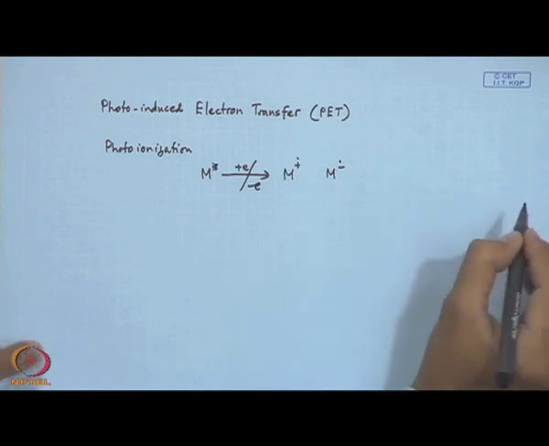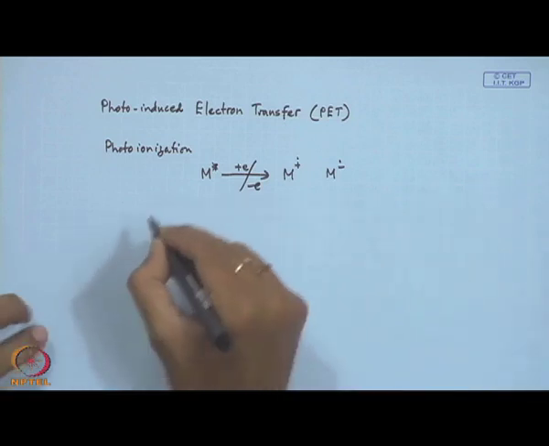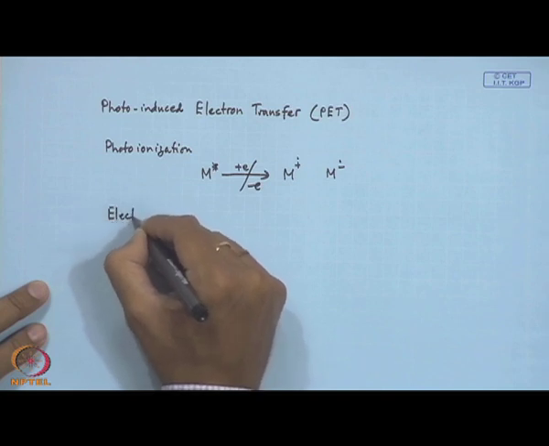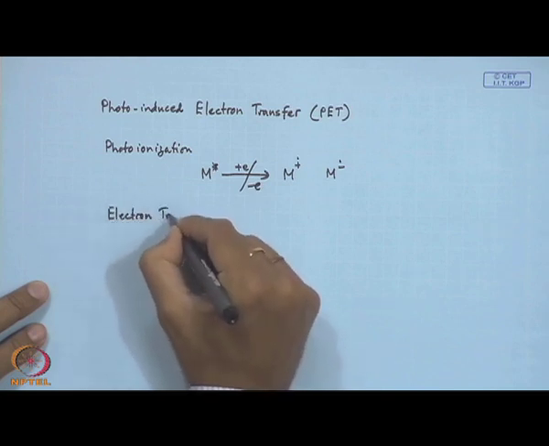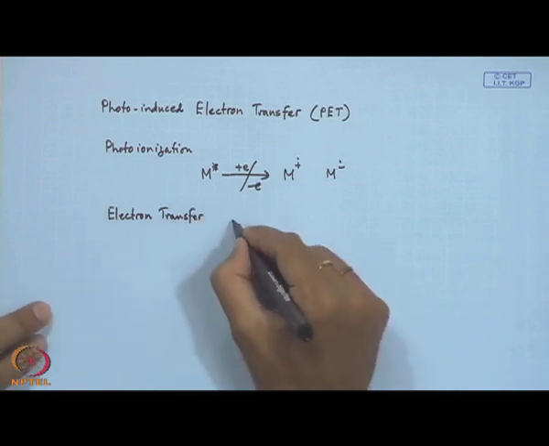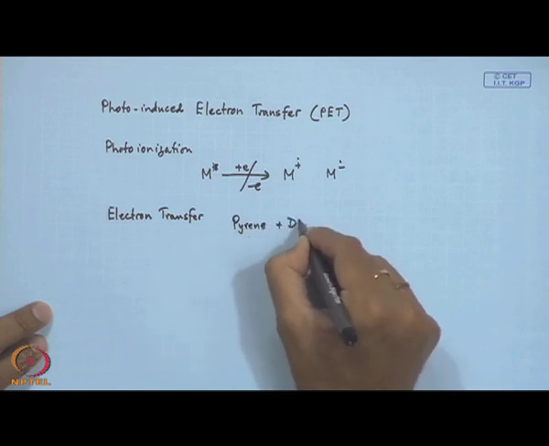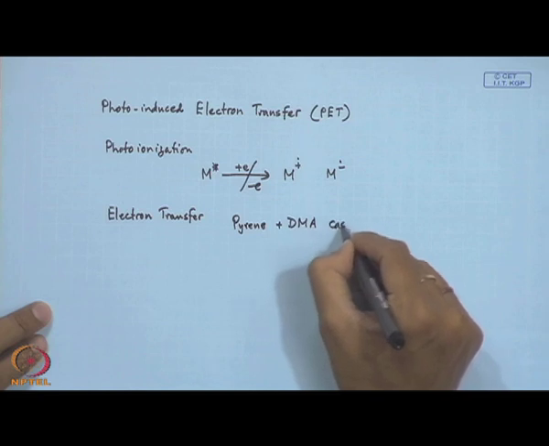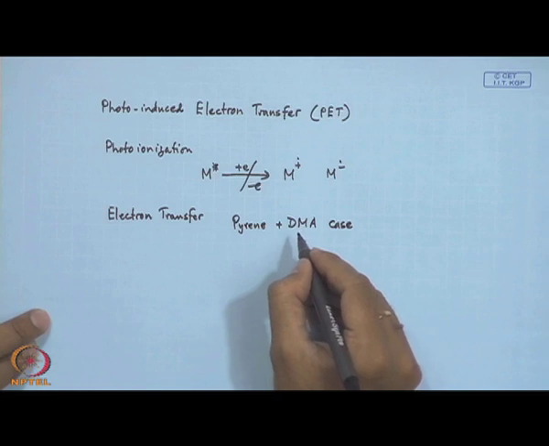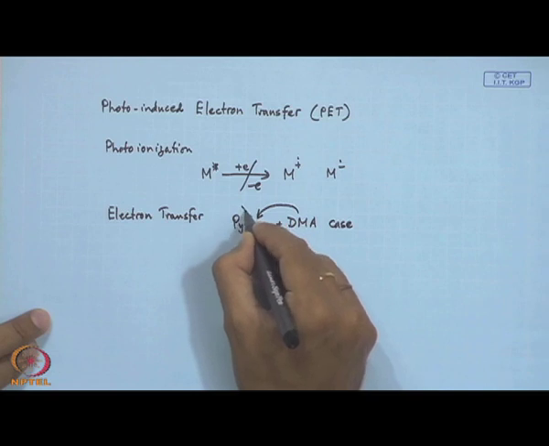And another possibility under the heading of photo-induced electron transfer is electron transfer, as I told you, like this pyrene plus DMA case. This is purely a photo-induced electron transfer from ground state DMA to excited pyrene.